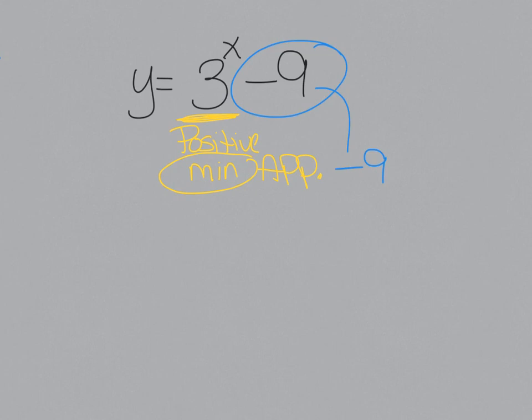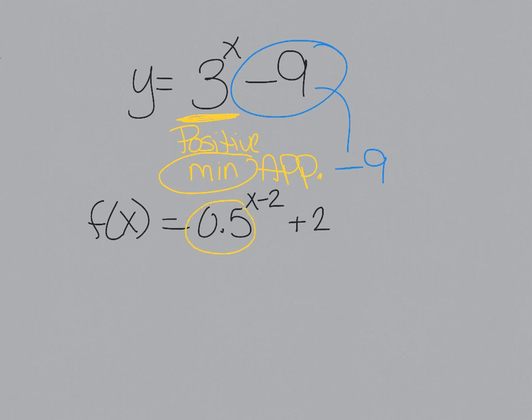All right, look at number 20. We have f of x equals 0.5 to the x minus 2, plus 2. And you're like, oh wow, where did that come from, x minus 2? Don't worry about that right now. All you're looking at is, is this number positive or negative?